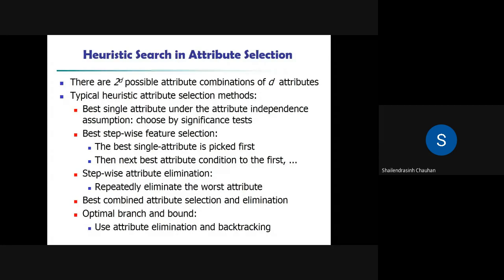So what is the meaning? For example, let us say you have a data set with a total of 100 attributes. How many combinations are possible?